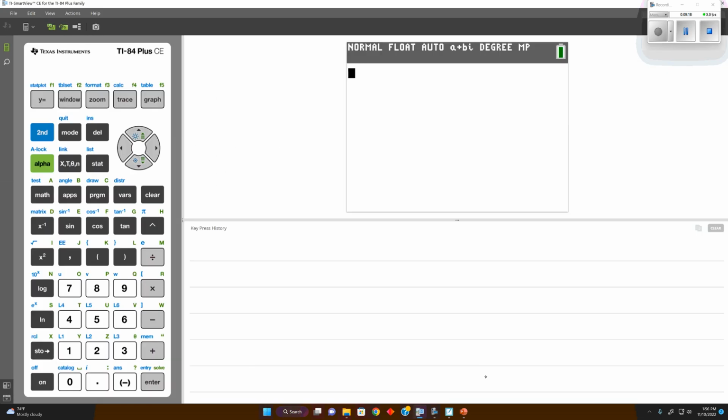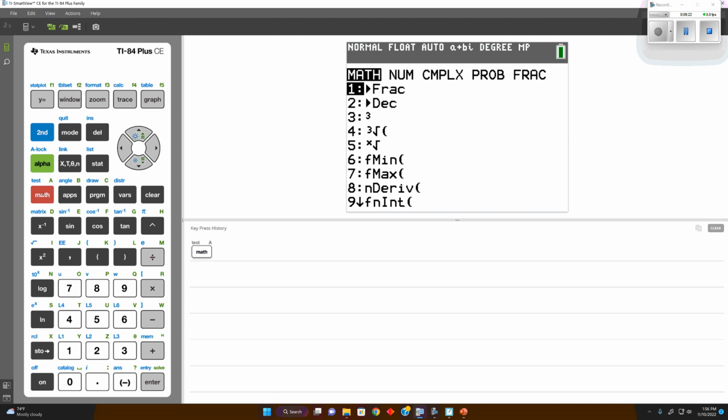But in the graphing calculator, this is kind of nice to know. If you hit the math button, the one that says math, and go over to number, if you notice what's at the bottom of that list, LCM, least common multiple, and greatest common factor.